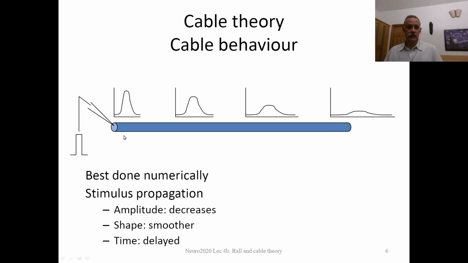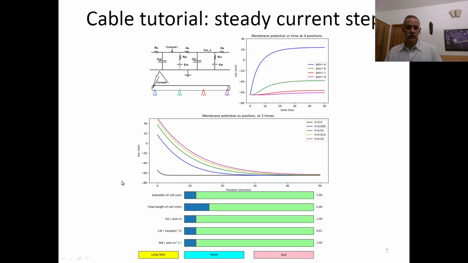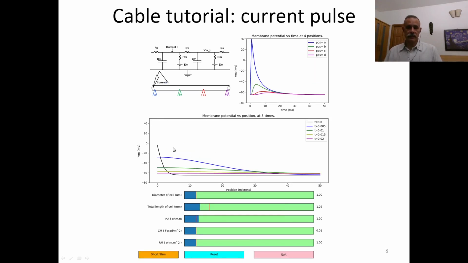We've seen the theory, the concept here of signal propagation along a cable, and we've seen a simulation which describes how signals decay with distance when you have a current step, and you've also seen how signals decay and change amplitude and become broader when you have a current pulse. So we've seen all of these things in the past class and example demos.